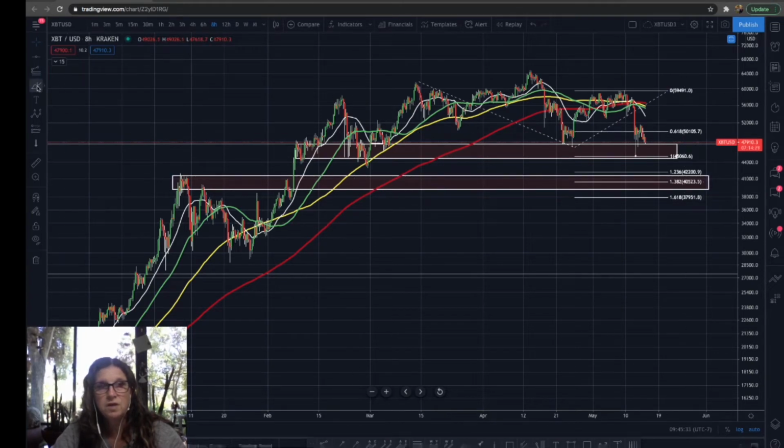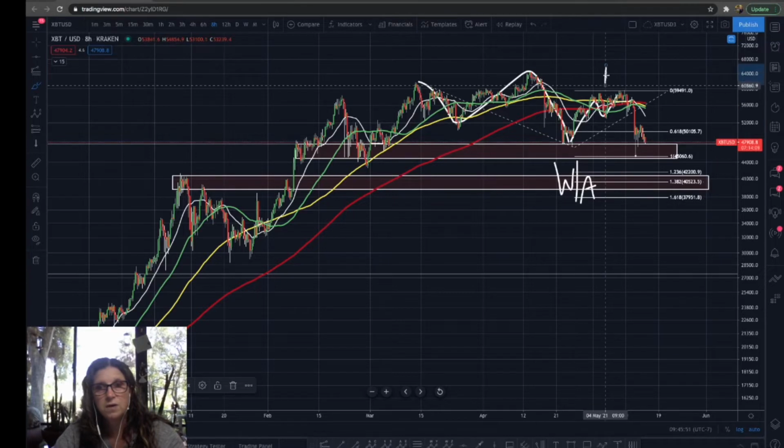So in my last video, we talked about that we had this correction like this that gave us a W or an A. Now we've had a three-wave move up, which gave us a B or an X. And now it looks like, so far, that we may be creating a 5-wave to the downside.